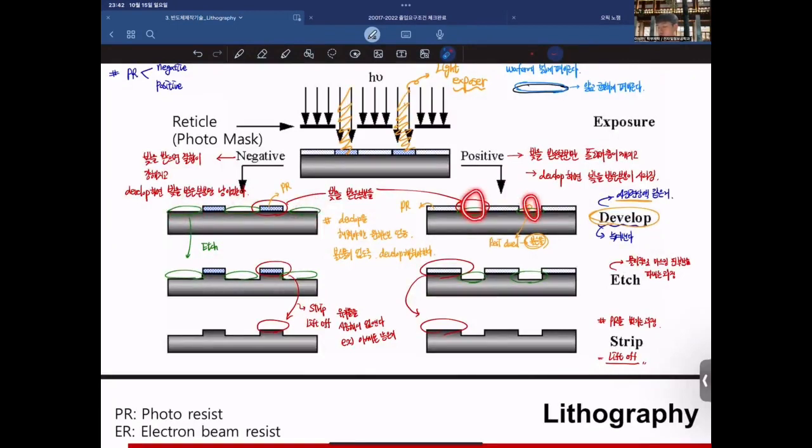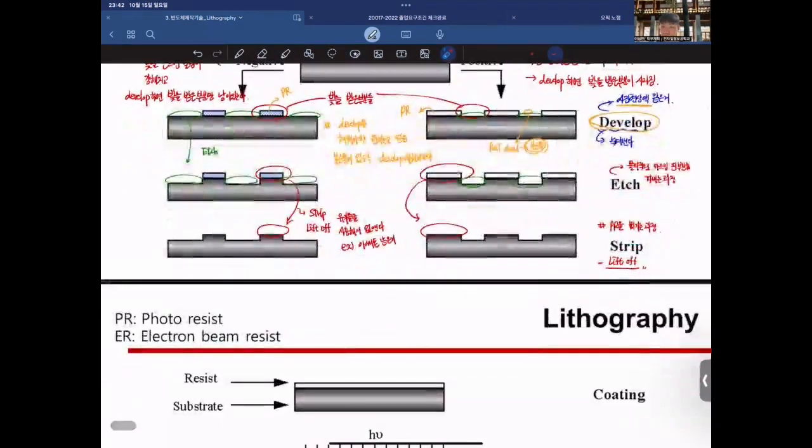This area is removed, differing depending on what type of PR. And etch is cutting off the area that we want. This curved area makes the shape deeper, and this is what we plan for our semiconductor.